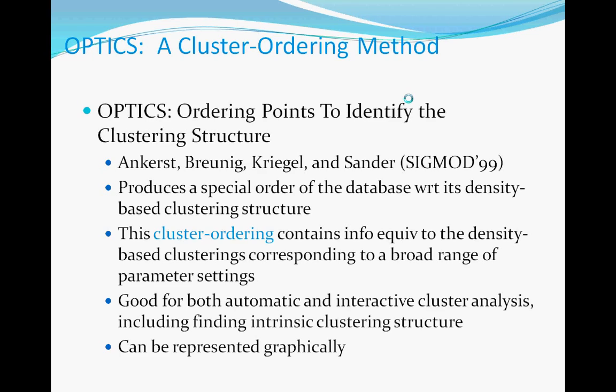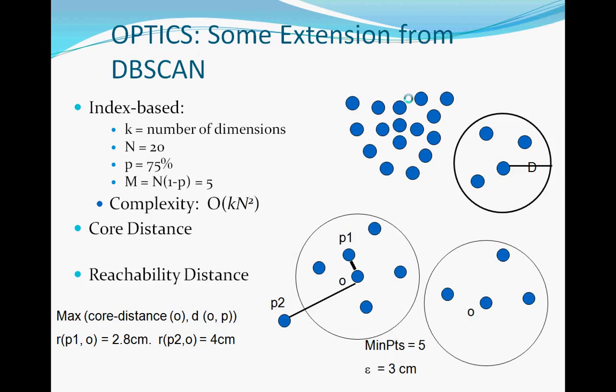In OPTICS, core distance. The figure here shows the concepts of core distance and reachability distance. Suppose that epsilon is equal to 3 centimeters and min points, that is the minimum number of required points, equal to 5. The core distance of O is a distance epsilon dash between O and the fifth closest data object.